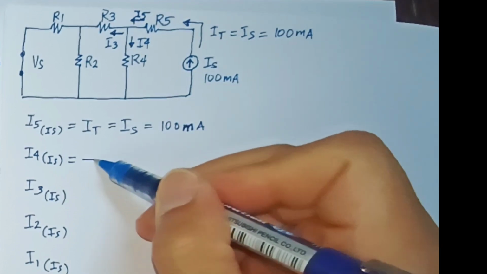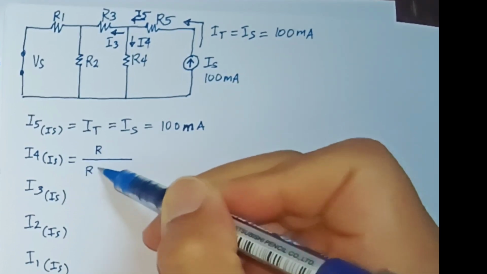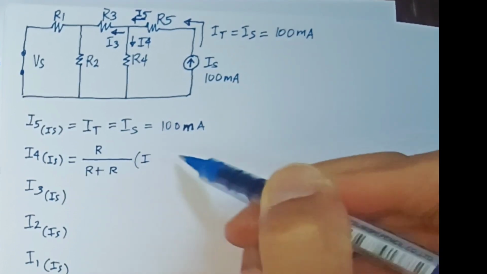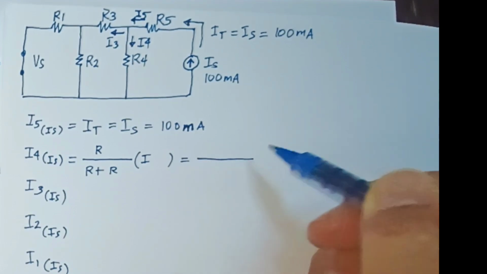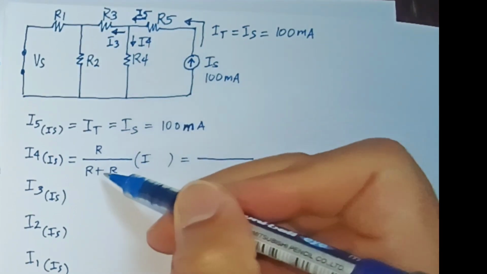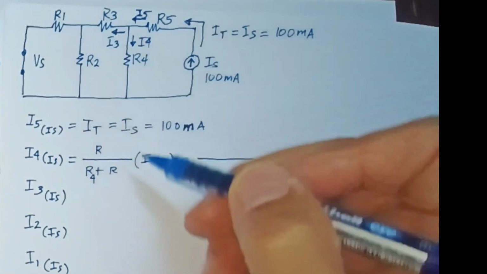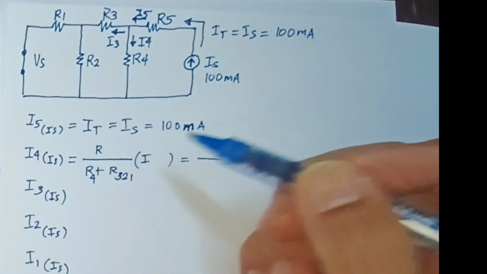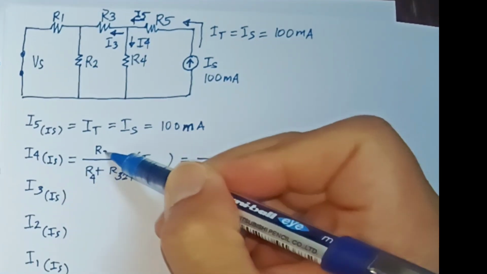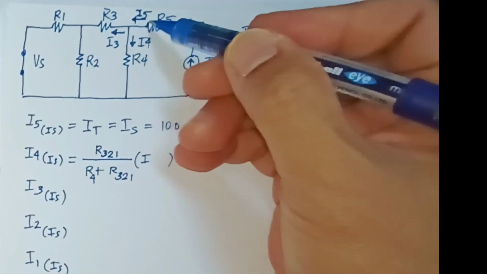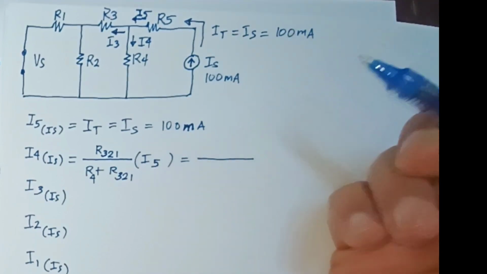For I4, by using the current divider rule, R over R plus R multiplied by I, and the I going in is I5, and the resistors are R4 and R321. But the problem is we don't know R321.